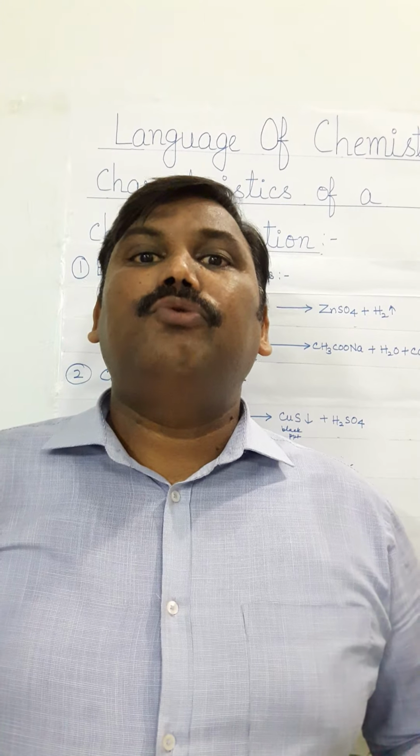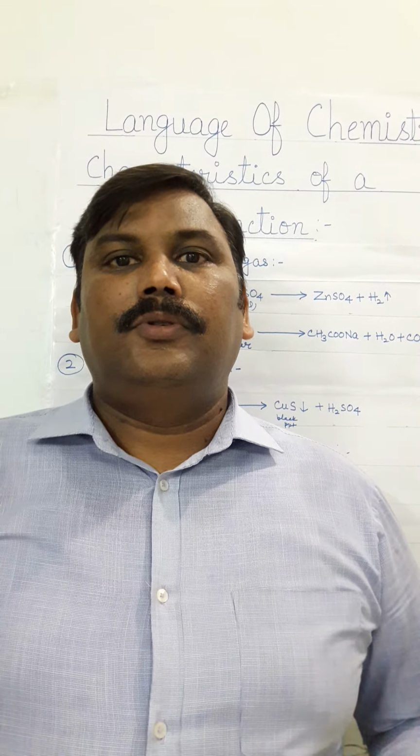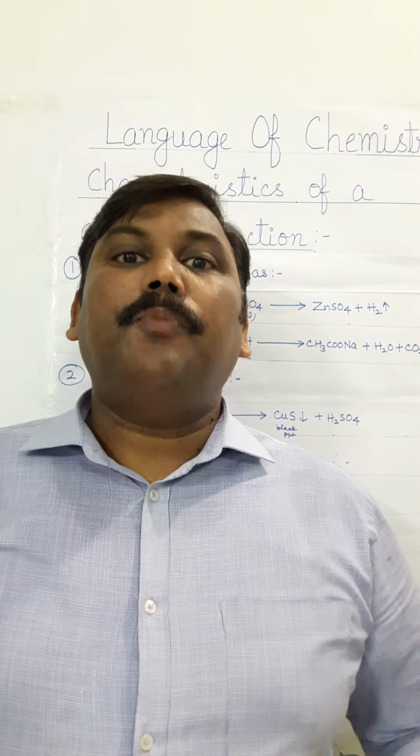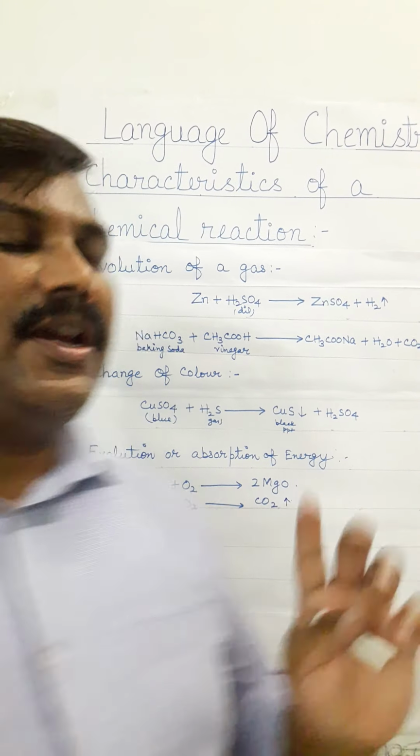Now let us see a few chemical reactions in which precipitate is formed. One very good example of this is treating barium chloride solution with sulfuric acid. Let us see the reaction.